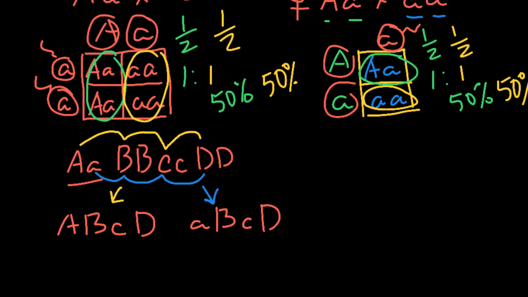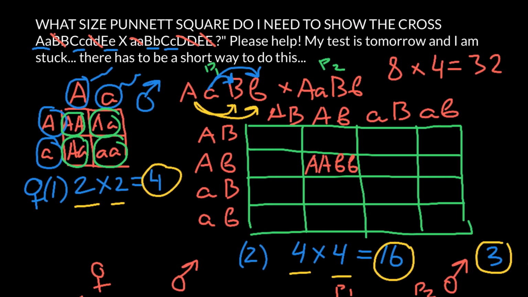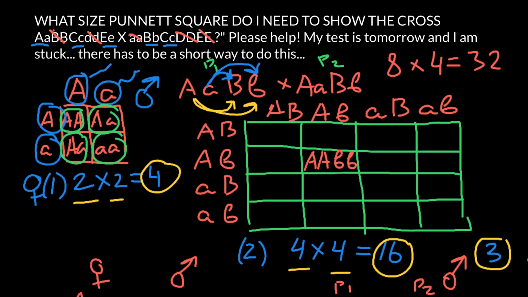But because in our example, in our problem, not all the loci are heterozygous, we would have a lesser number of variants of the gametes. One heterozygous here, and third. So 3 heterozygous loci would produce 8 combinations.